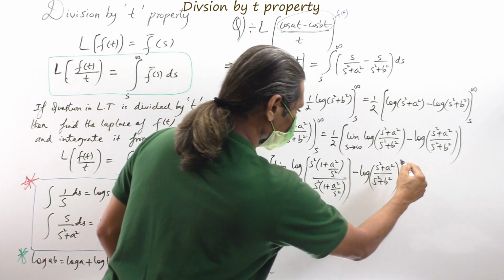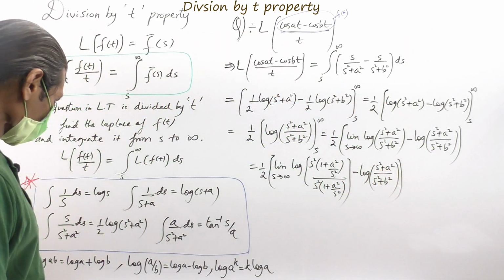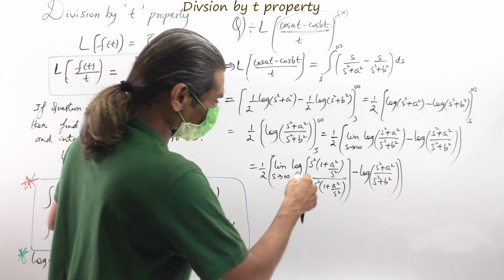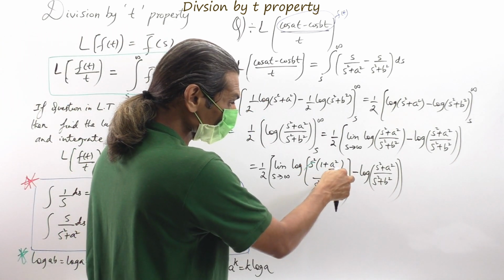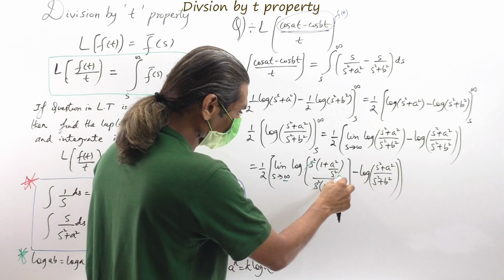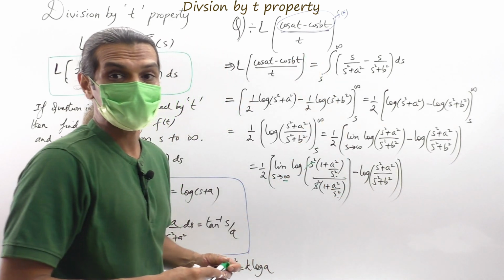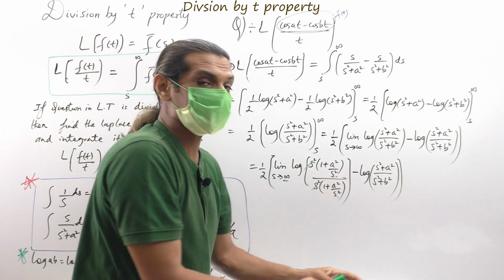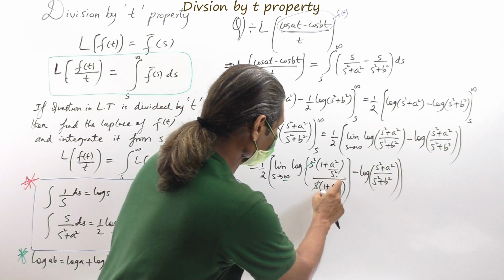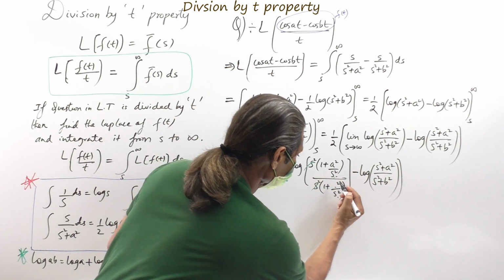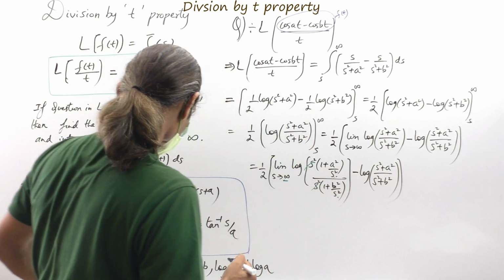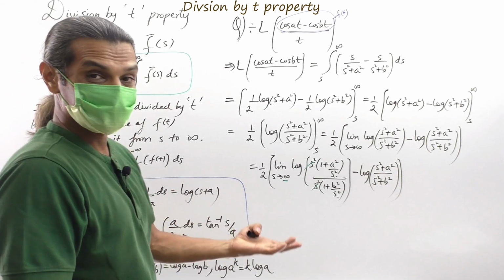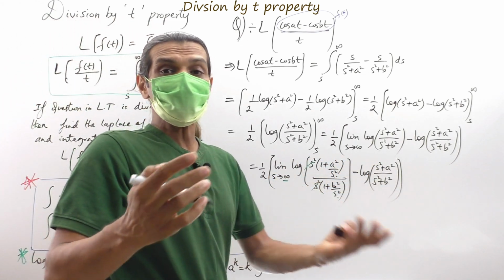Now, what happens here? See, s square cancels, and when I put in place of s infinity, any value by infinity, a square by infinity, and also sorry, this is b square, right, this is b square. Okay. So, a square by infinity and b square by infinity becomes 0. So, what remains? Log 1. What is log 1?